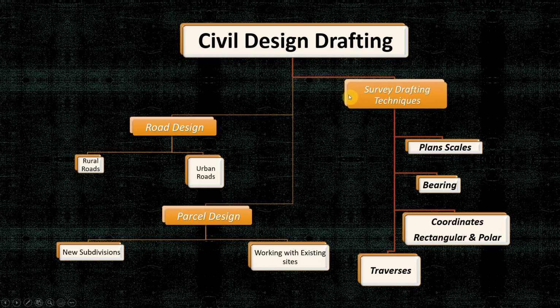So the survey drafting techniques will be our first lecture, to talk about scales, bearing, coordinates in polar and rectangular coordinates. That will lead us to learn how to draw traverses and parcels, as we call them.